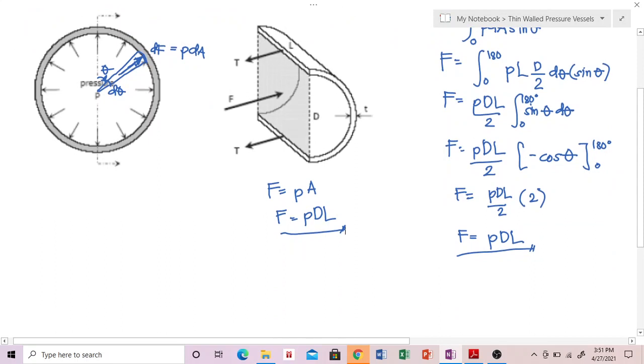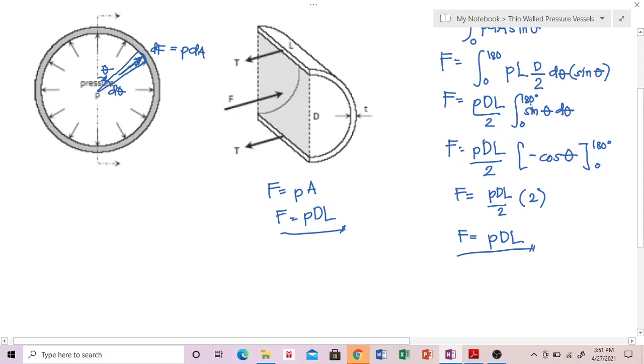Tangential because the direction is tangent. The two forces act tangent to the surface of the cylinder. So this is the surface of the cylinder, it acts tangent. So kaya siya tinawag na tangential.